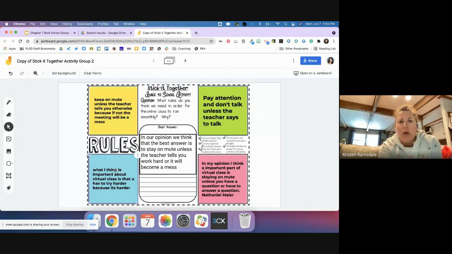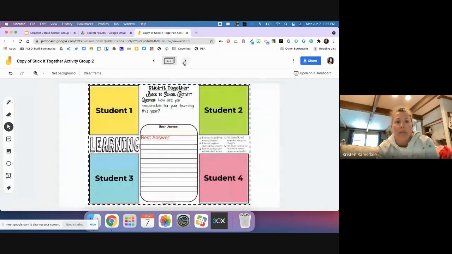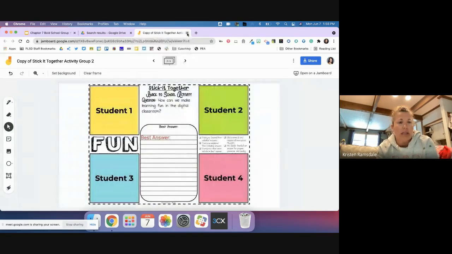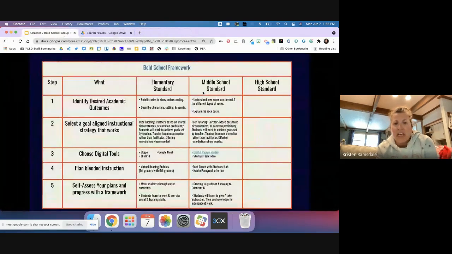Each color represents a different kid. Once you share your answer, you come up with a best answer that uses all of those things, which is really cool. And you can use it in anything. I'm glad that we have that digitally, because I only had it for math, this is really nice. Alrighty. And then you can go to the next thing.